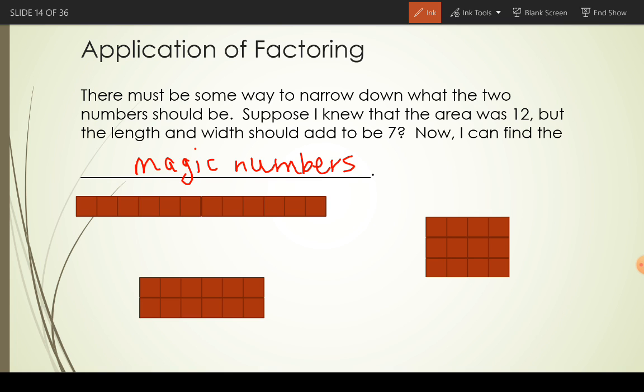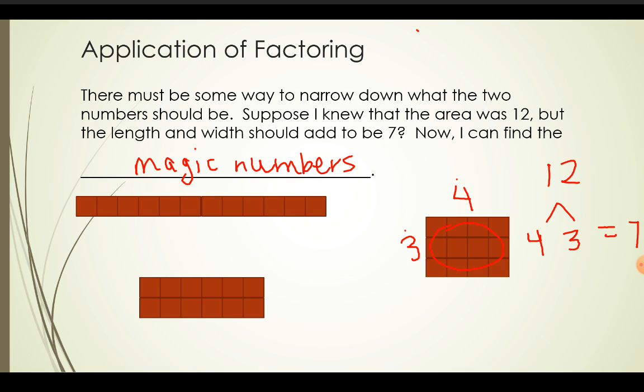So, for instance, if I know I have 3 rows and 4 columns and that this area here should be 12, I know that I need to multiply these two numbers to get 12, and I need to add them to get 7. Those magic numbers are going to be 4 and 3, the length and the width.